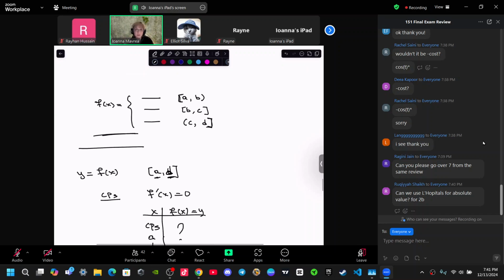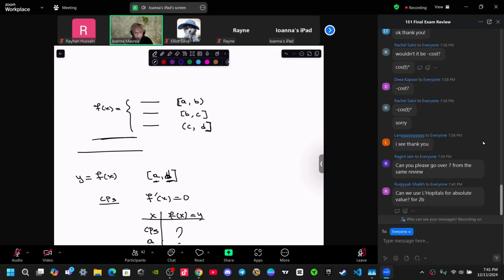The only difference here is that you have to do this for this piece, find the derivative, set it equal to 0. For this piece, find the derivative, set it equal to 0, find critical points. For this piece, find the derivative, set it equal to 0. Now, the critical points you find for this piece better be in here. If they're not, you toss them aside.